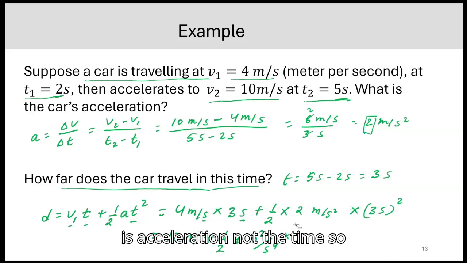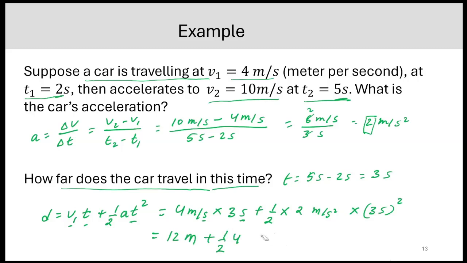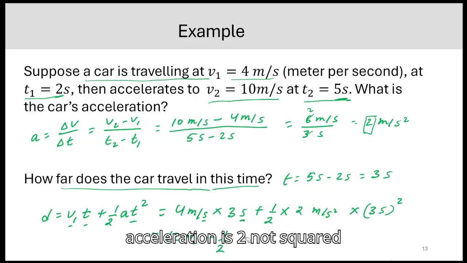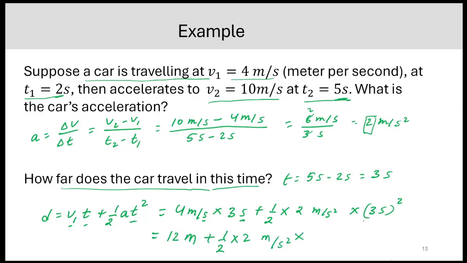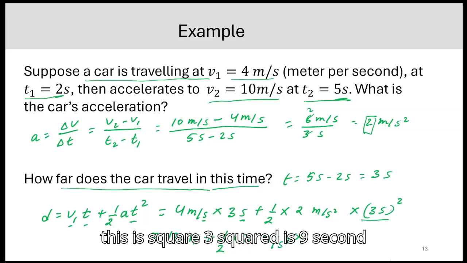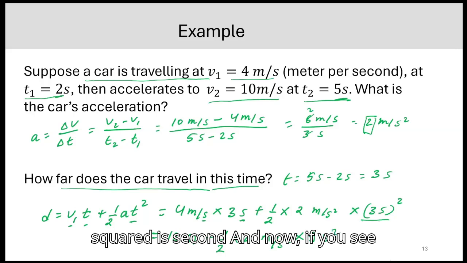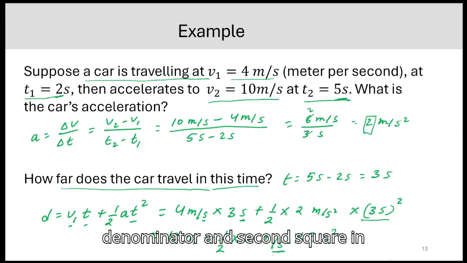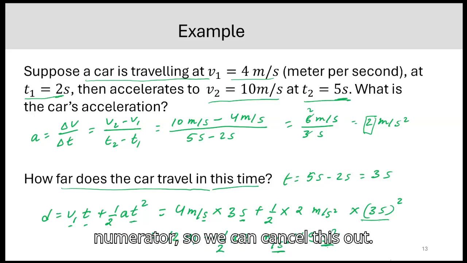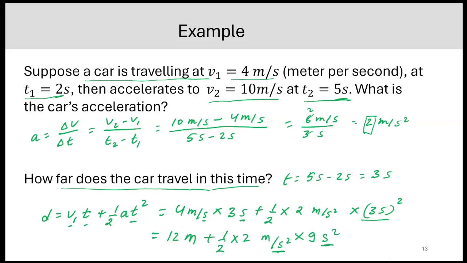This is acceleration, not the time, so this should be half times acceleration 2, not squared, meters per second squared, and time, this is squared, 3 squared is 9 seconds squared. Now there is a second squared in the denominator and a second squared in the numerator, so we can cancel this out.